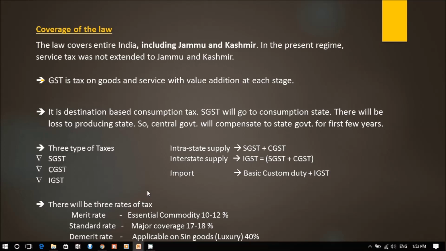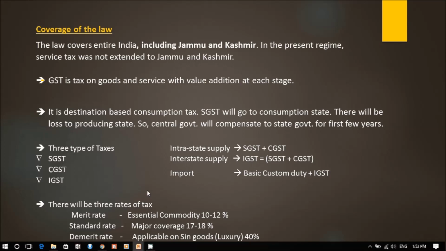Let's say Mr. X sells the goods for 100 rupees to Mr. Y, and suppose tax would be rupees 10 only. So on the 100 at the rate of 10% there is 10 rupees tax, and Mr. Y gave Mr. X 110 rupees. Now Mr. Y is going to sell this product to Mr. Z for 120 rupees.